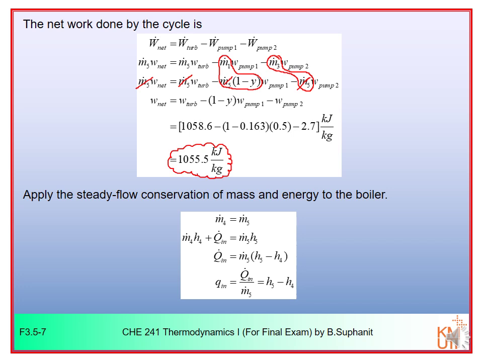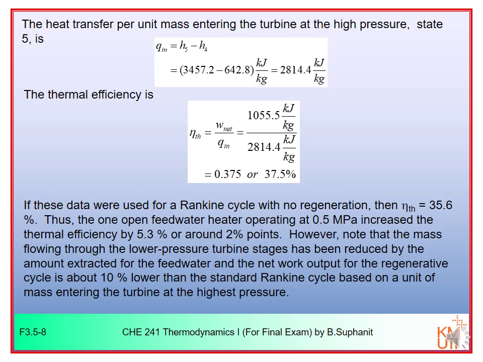The next thing that you have to calculate would be q in. You can calculate the heat required in the boiler by doing the energy balance around the boiler. So q in would be equal to H5 minus H4. You know H5 and H4 already. You can substitute them to determine q in.